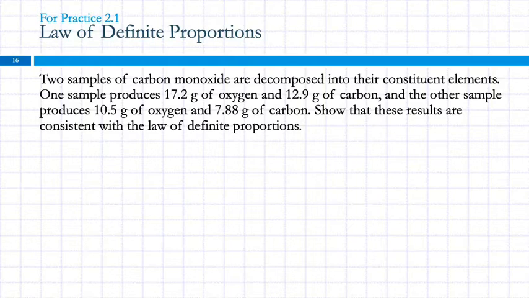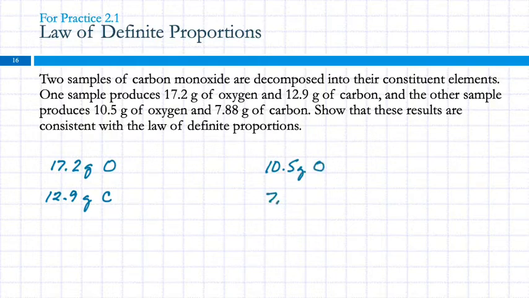So I'm going to pull the numbers out and write them down. So there's 2 samples. This one had 17.2 grams of oxygen and 12.9 grams of carbon. The other sample, 10.5 grams of oxygen and 7.88 grams of carbon.